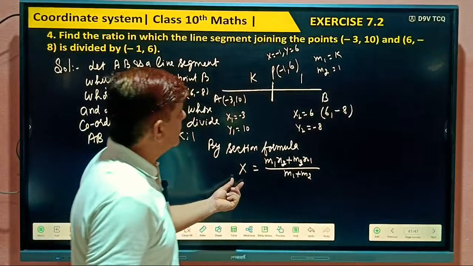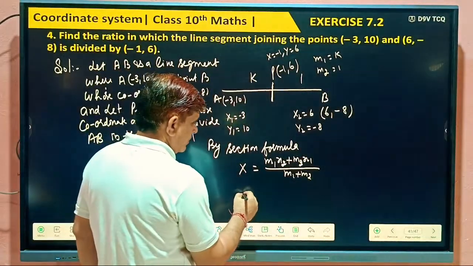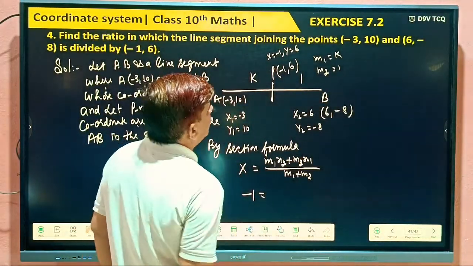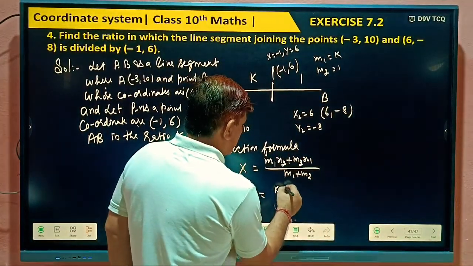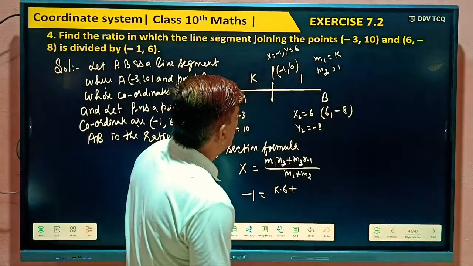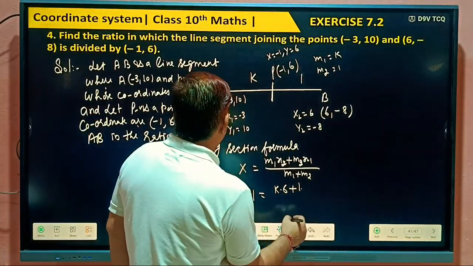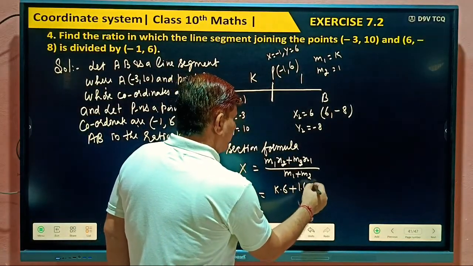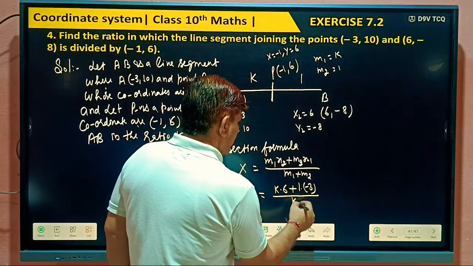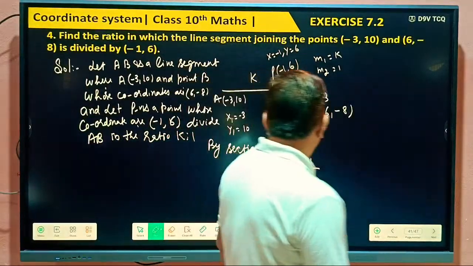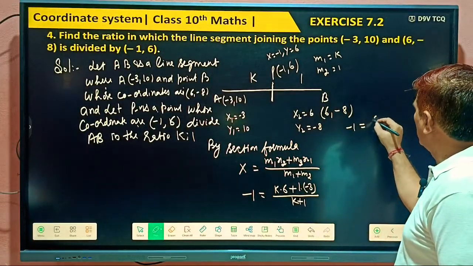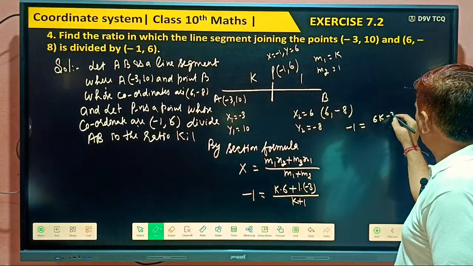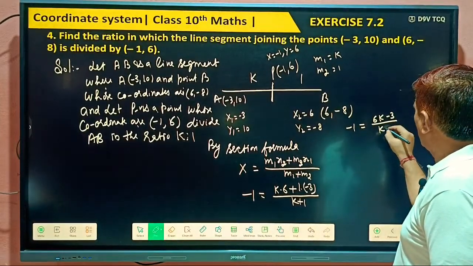Here m1 equal to k, m2 equal to 1. So what is x? -1 equal to (k into 6 plus 1 into -3) by (k plus 1). So it becomes -1 equal to (6k minus 3) by (k plus 1).